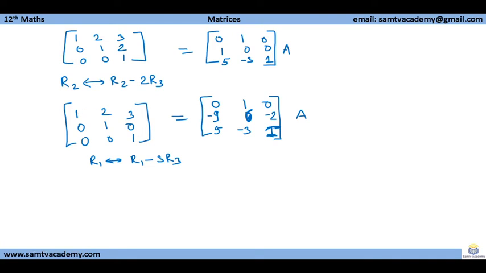This R1 will be subtracted with this 3R3. So R1 will become 1 2, and here 3 minus 3 is 0. So now 1 0 1 0, this is 0 0 1. Next, here also the same operation we have to do.